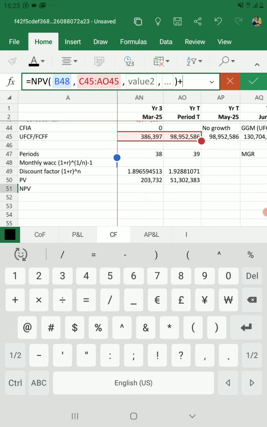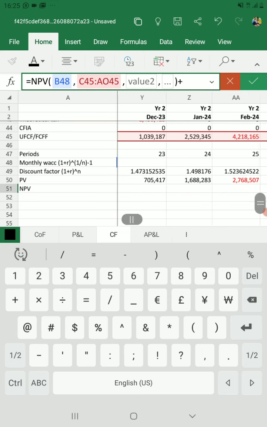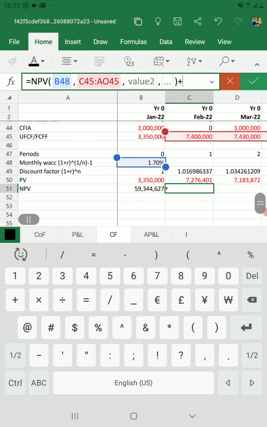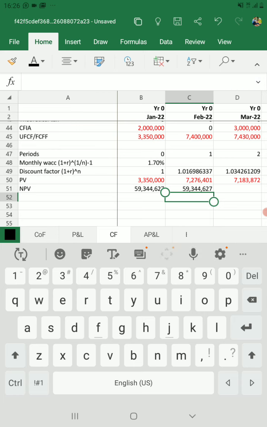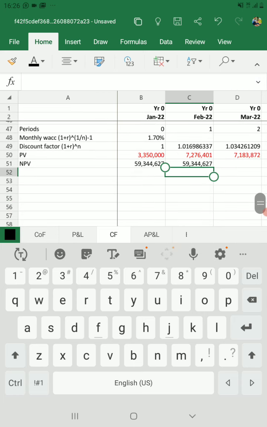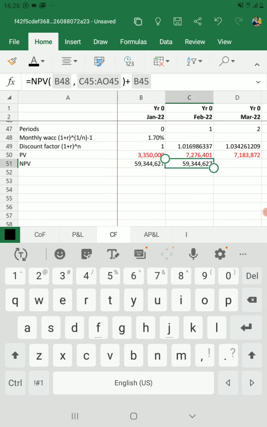So I plus the initial outlay figure, which has not been included in NPV because NPV is for future cash flow starting from period 1. So we plus this figure here, press enter. Okay, so the manual and the formula are exactly the same.